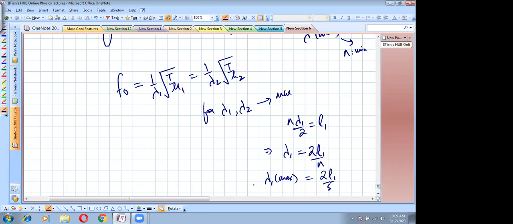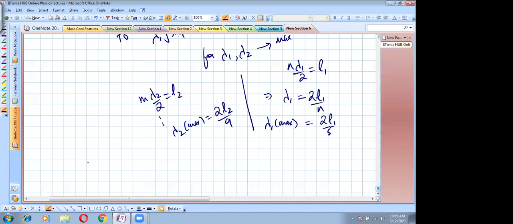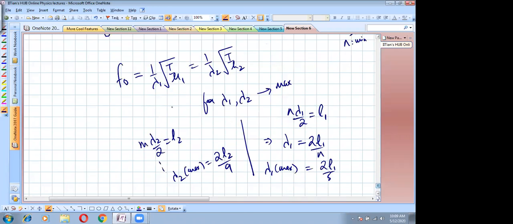Similarly, we had m times lambda 2 by 2 equal to L2. So correspondingly, lambda 2's maximum value is 2L2 by 9. So when you substitute here, these are their maximum values.